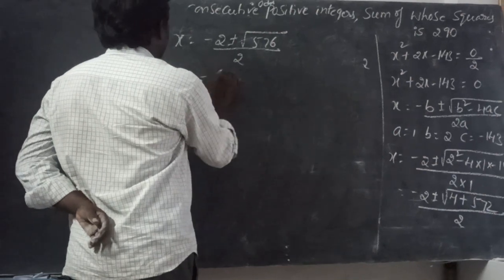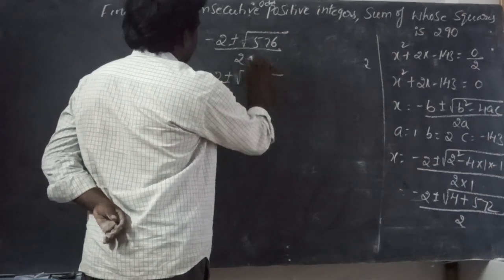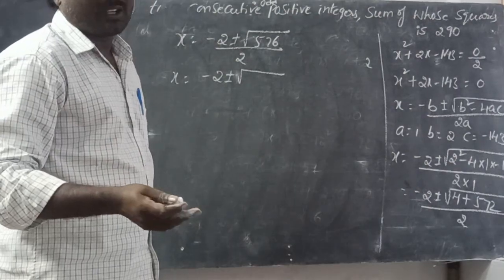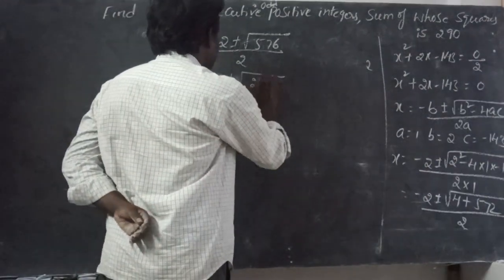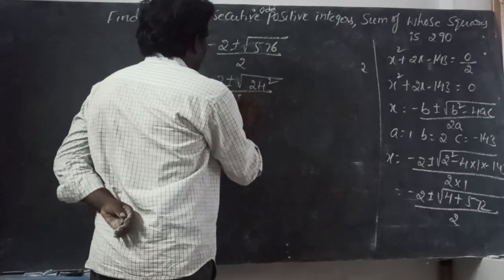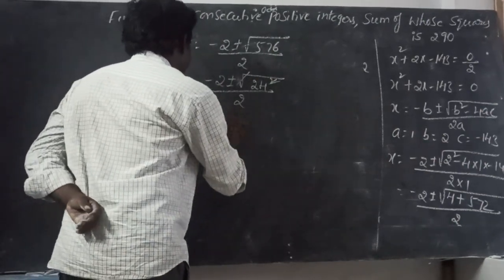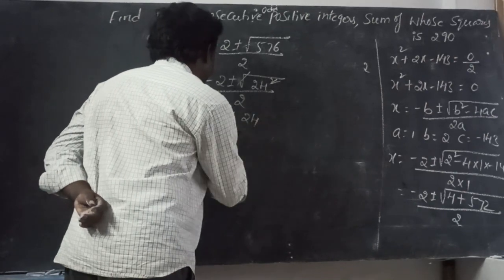How can we write 576? 24 square. So the square root cancels, and x is equal to minus 2 plus or minus 24, by 2.